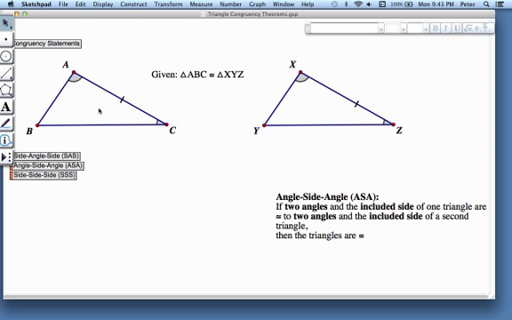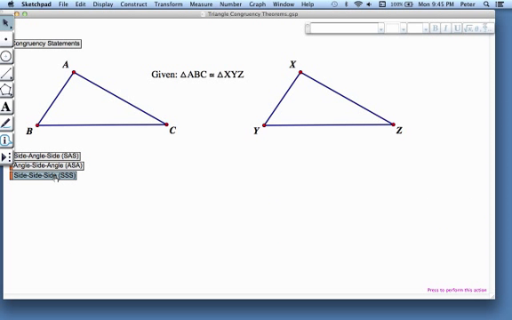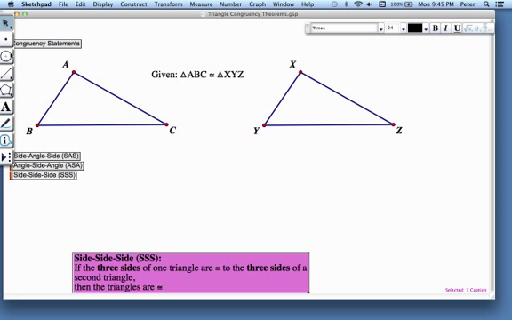All right, let's take a look at the last situation that we're going to work with for this semester called side, side, side. This may be the easiest one to understand of all. If the three sides of one triangle are congruent to the three sides of the other, then the triangles are congruent.